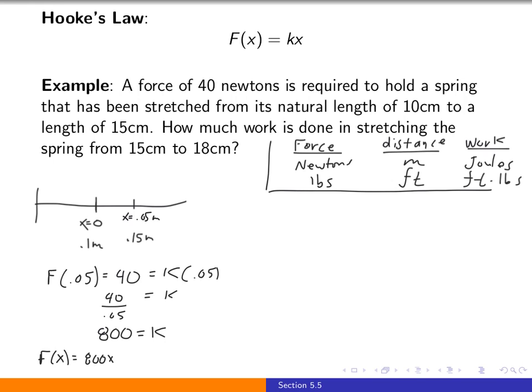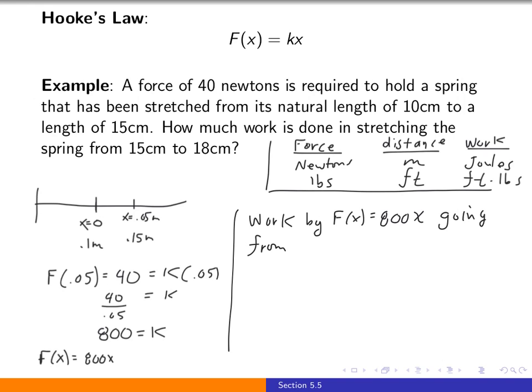So what we would like to do is calculate the work that is done in stretching the spring from 15 to 18. So to convert that to a statement, we want the work done by the force, 800x, going from 15 centimeters to 18 centimeters.